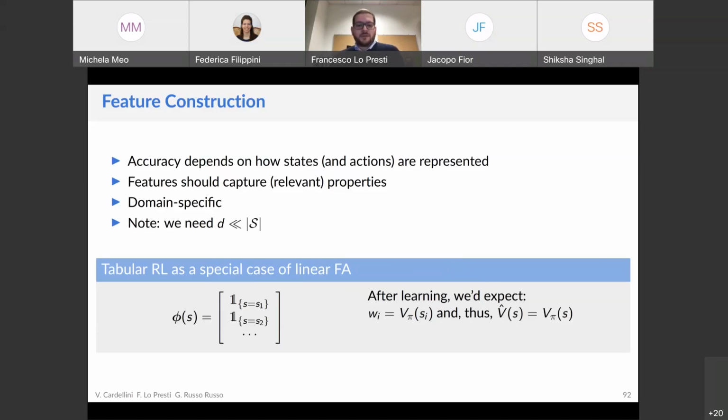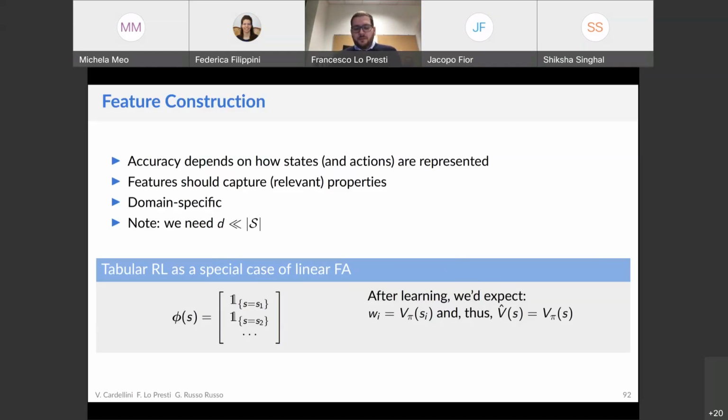So the features should capture relevant properties of the states, and clearly they are domain specific. And we must also always keep in mind that we expect to have a small number of features, because otherwise we may lose all the benefits that we have from a scalability point of view.